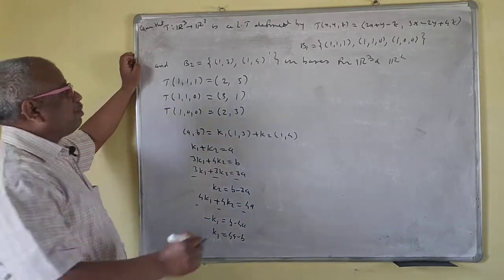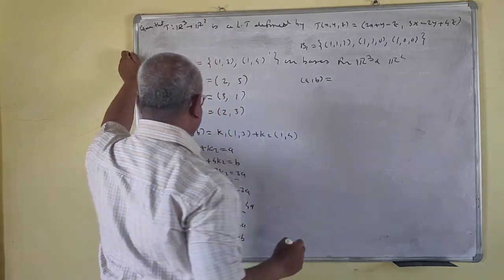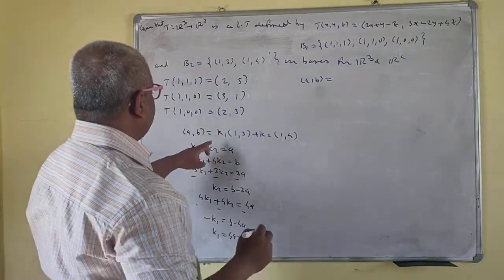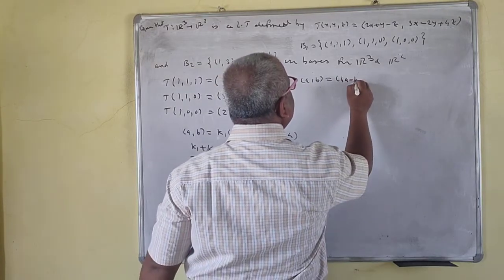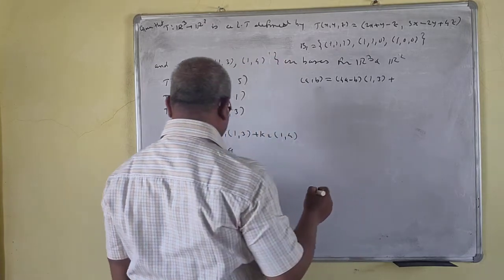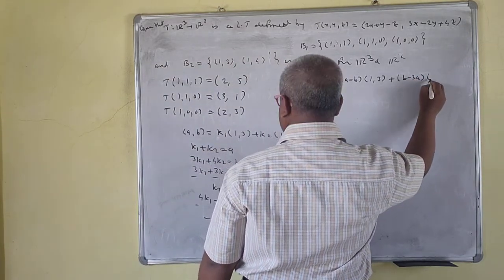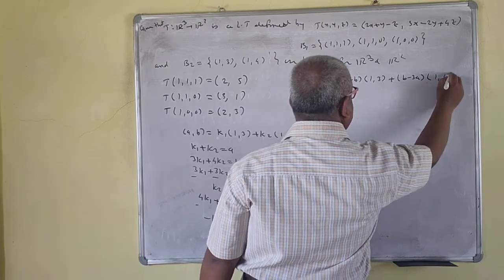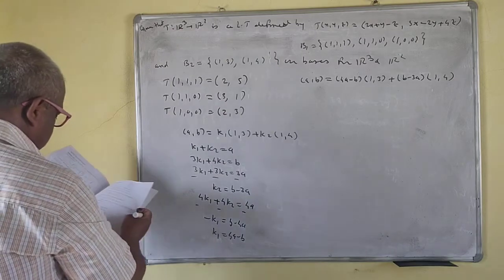That means (a,b) is equal to (4a minus b) times (1,3) plus (b minus 3a) times (1,4).